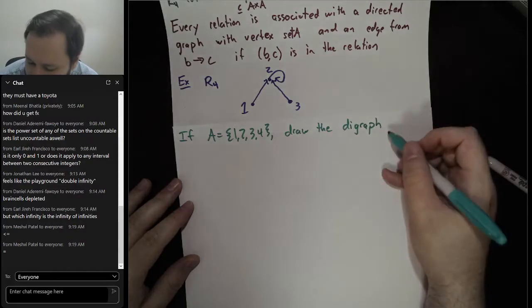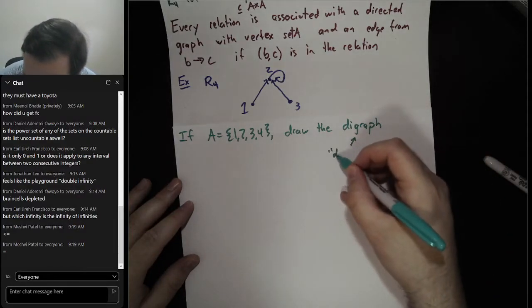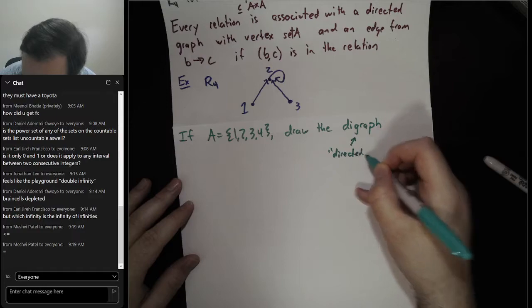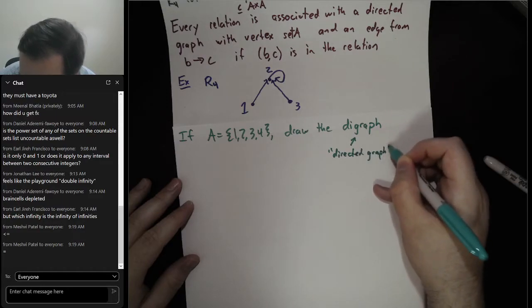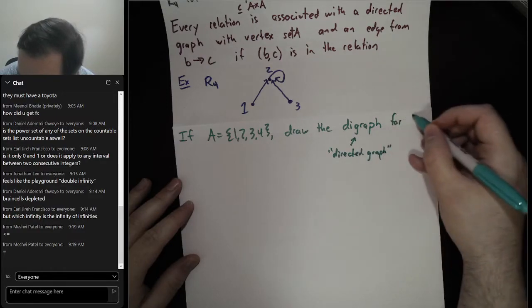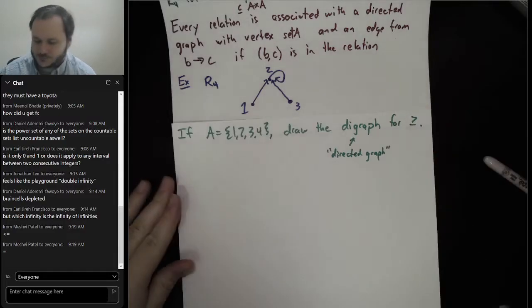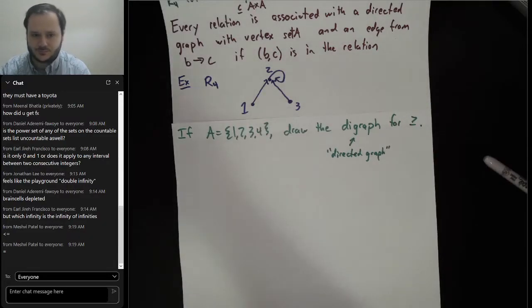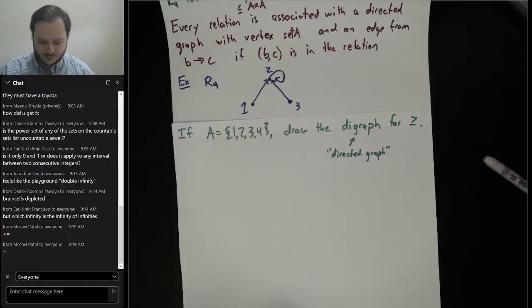This is directed graph for greater than or equal to. Give you a second there.